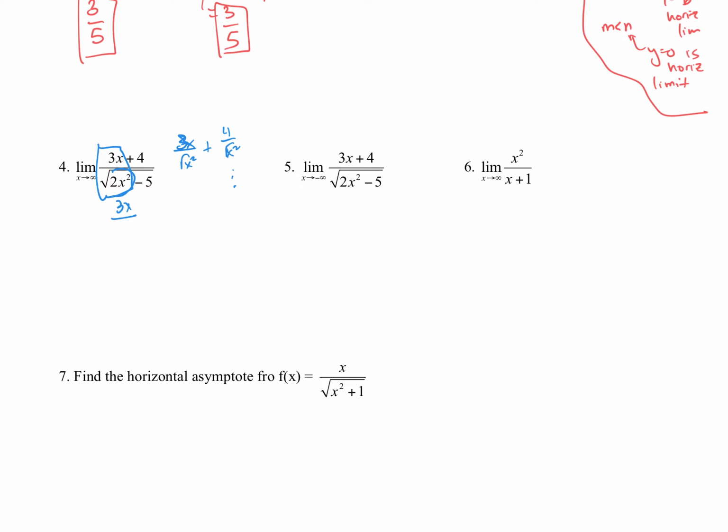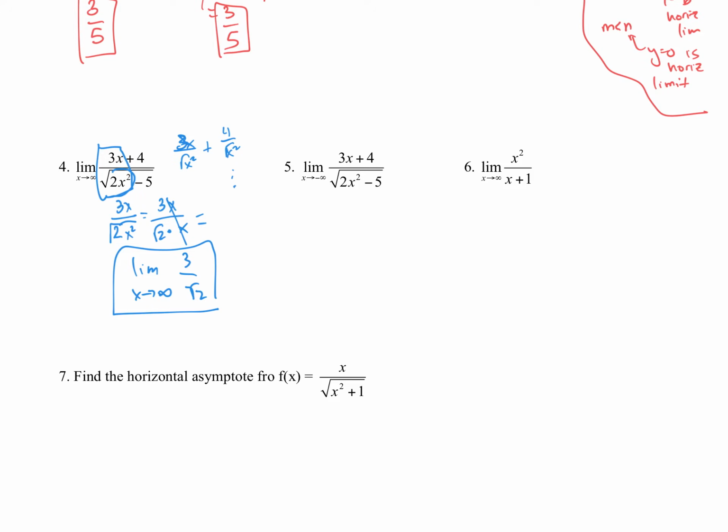On the top I got a 3x, on the bottom I got a root 2 x squared. That would give me 3x over root 2 times x if I separate it out, which would go away. So my limit, as x goes to infinity for this one, would be 3 over the square root of 2. That is, again, a shortcut method.